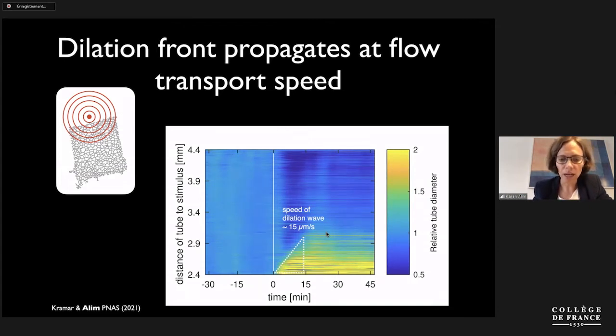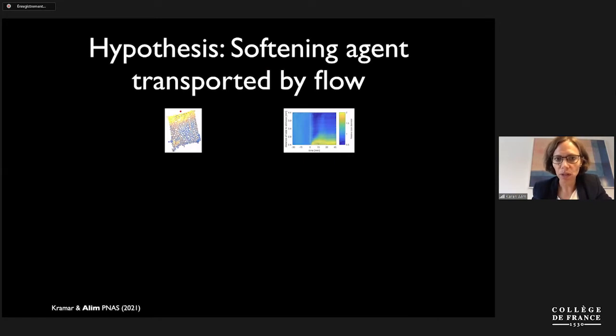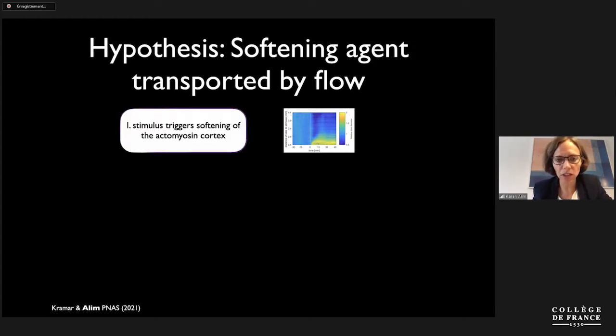And so now this observation of dilation and the speed of the dilation front sets up a hypothesis. First, from the dilation, we hypothesized that what the food source does is that it triggers the softening of the tube walls, which are made of this actomyosin cortex.